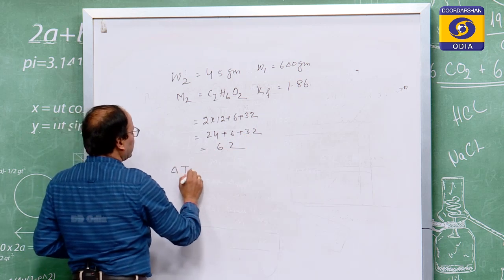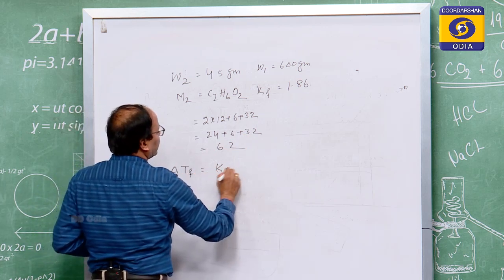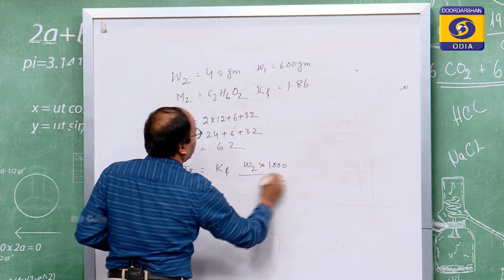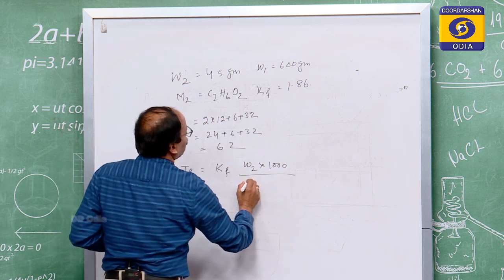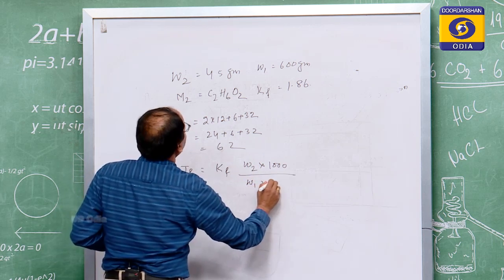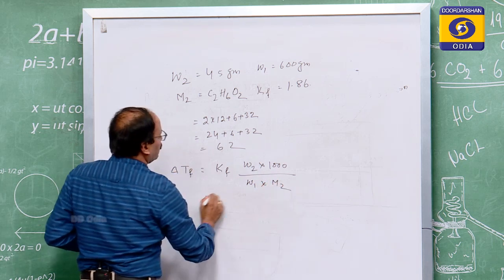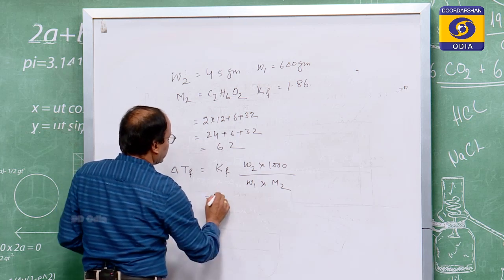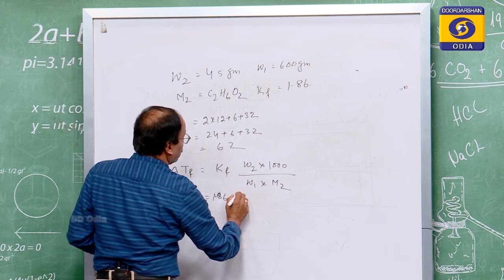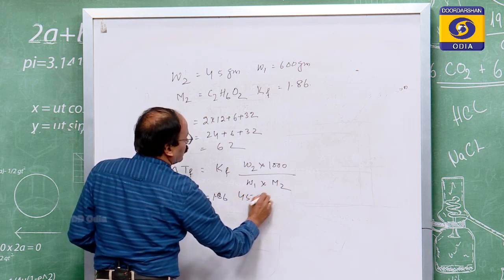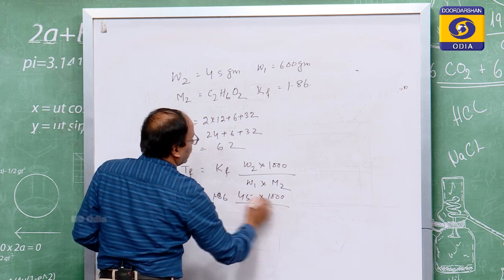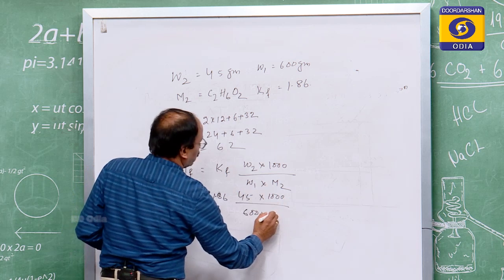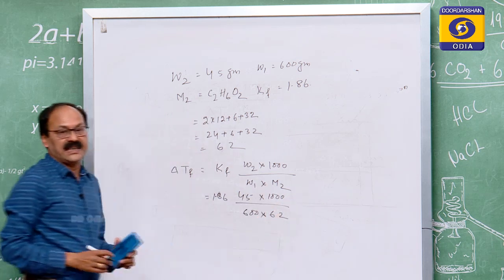Delta Tf is equal to Kf into W2 into 1000 divided by W1 into M2. That will be equal to Kf 1.86 into W2, 45 gram, into 1000 divided by W1, 600, into M2, 62. From this you can calculate delta Tf.